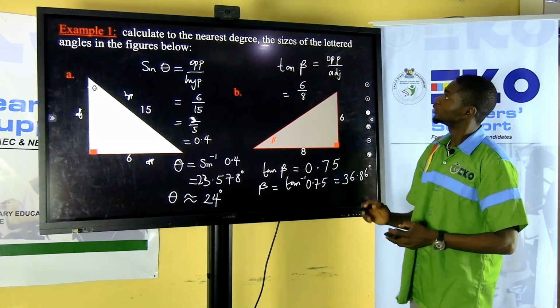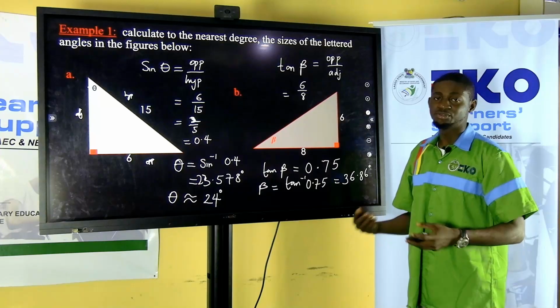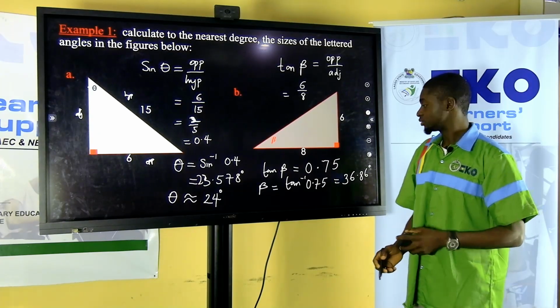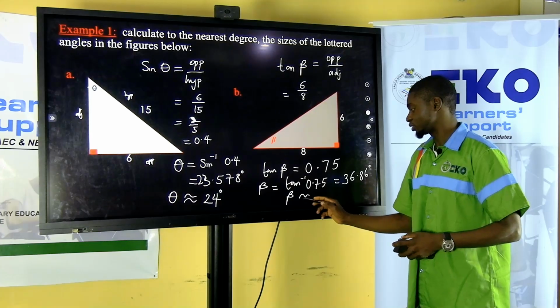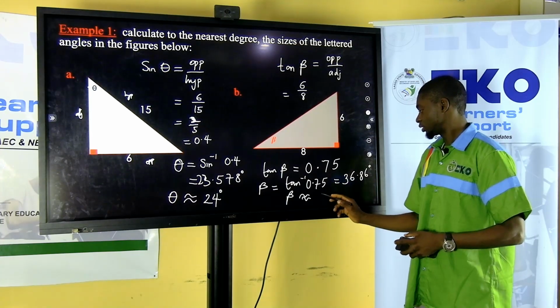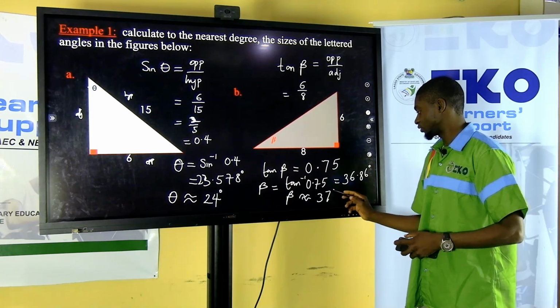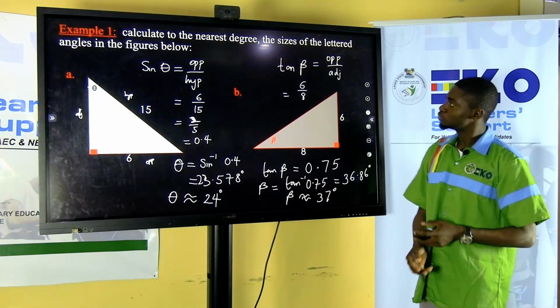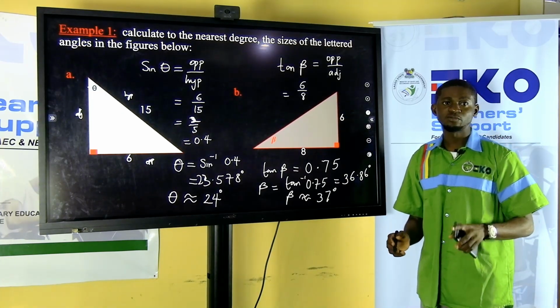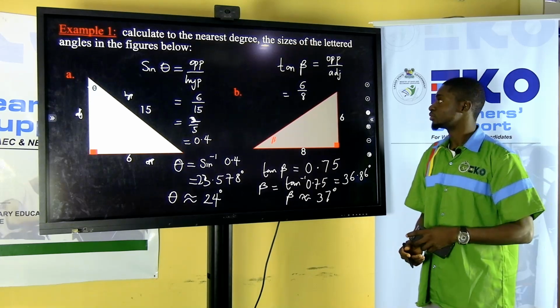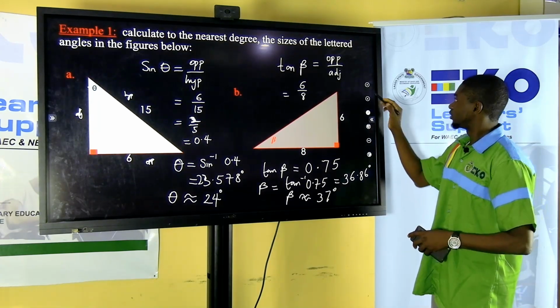And remember, the question says to the nearest degree. So to the nearest degree, this approximates to 37 degrees. So we've been able to solve this problem using our understanding of trigonometric ratio. Good.